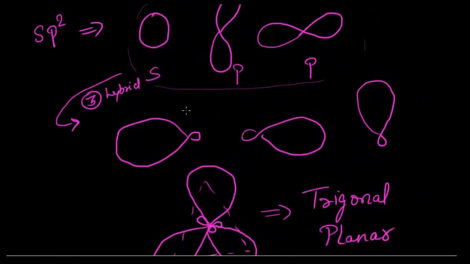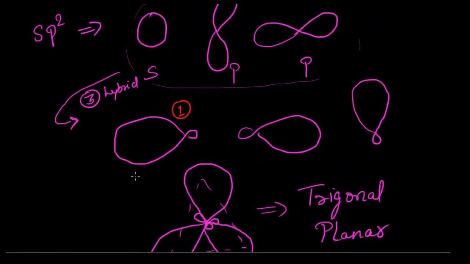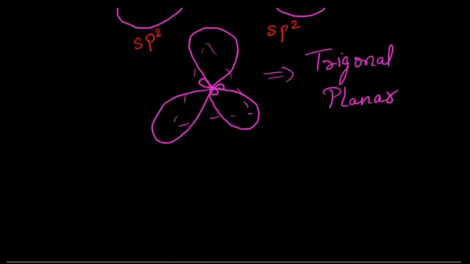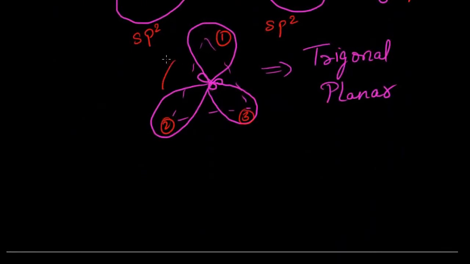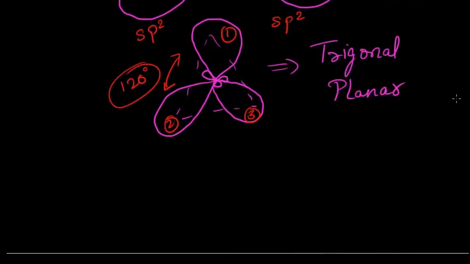This is the first sp2 hybridized orbital, the second, and the third. All these three give rise to trigonal planar geometry, and the angle between them is 120 degrees.